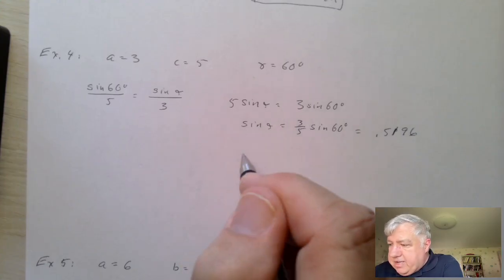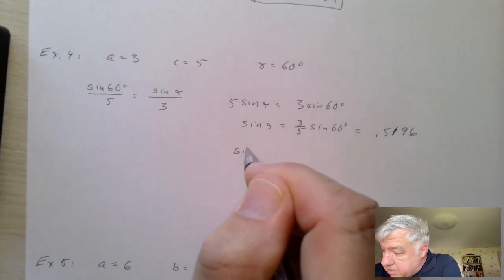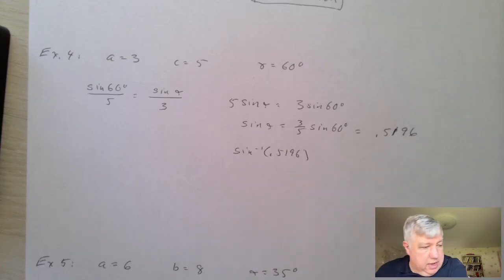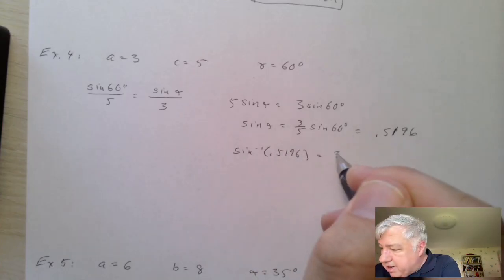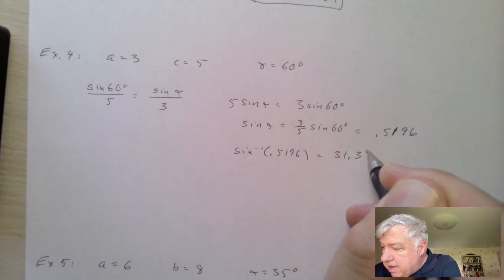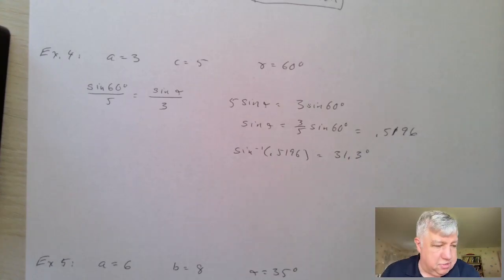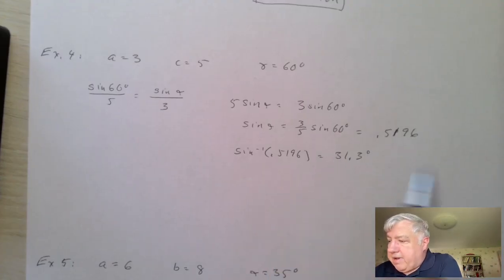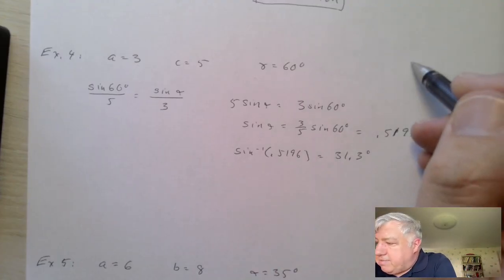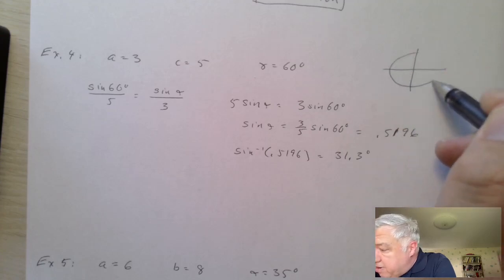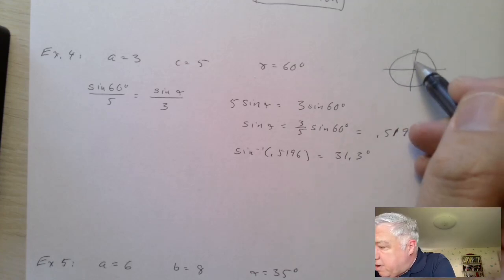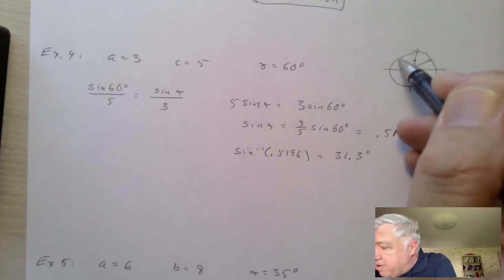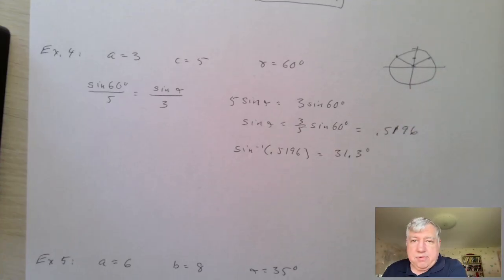Well, of course, we can take the inverse sine of this, and that gives us 31.3 degrees. Okay, again, make sure that you are in degree mode when you do this. But then there's also another angle between 0 and 180 degrees. Because remember, if we go back to our unit circle, where the y-coordinate is 0.5196, we have an angle here, but we also have an angle here in the second quadrant, right?